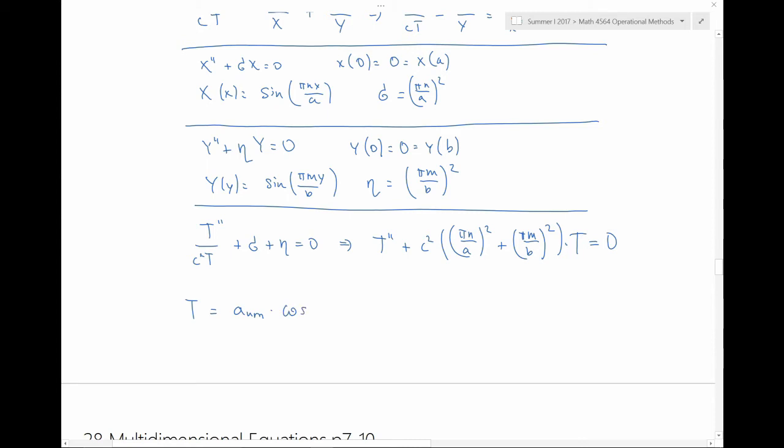times cosine of c times the square root of pi n over a squared plus pi m over b squared times t plus b that depends on n and m times sine of c times the square root of pi n over a squared plus pi m over b squared t.